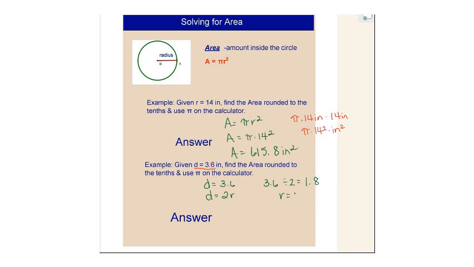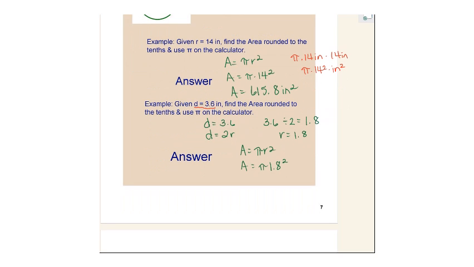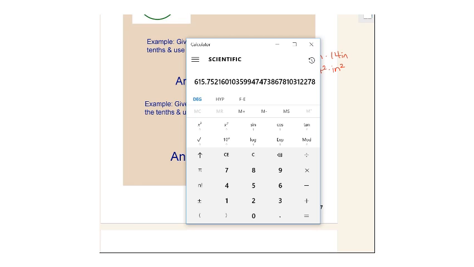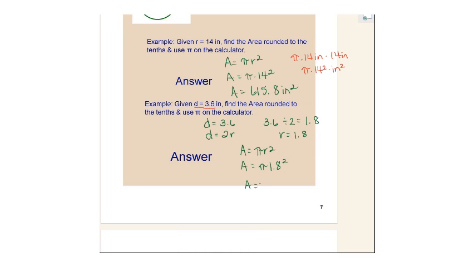Therefore, my radius is 1.8. Now I can use my formula. Area equals pi r squared, where our radius is 1.8. Again, just put that straight into your calculator. So I'm going to put in 1.8, hit x squared, multiply that times pi, round it to the tenths, and I get 10.2 inches squared.